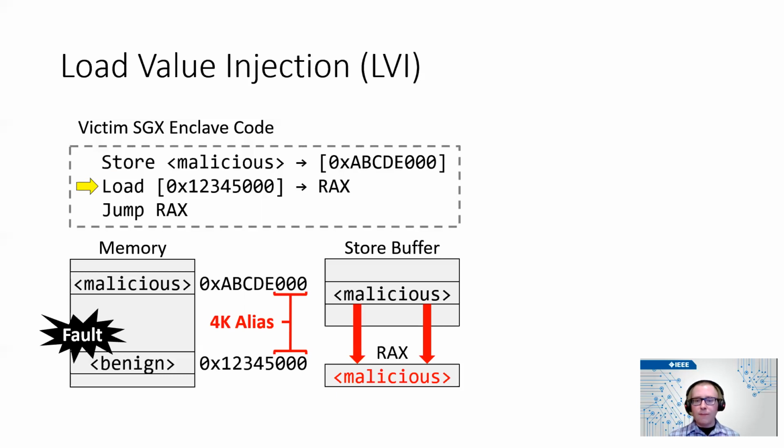Moreover, a value sitting in a store buffer whose address 4K aliases, so aliases in the lowermost 12 bits, the load address may be forwarded to instructions that consume the loaded value, such as the jump instruction in this example. So if this happens, it can potentially steer execution to an adversary chosen destination within the enclave.